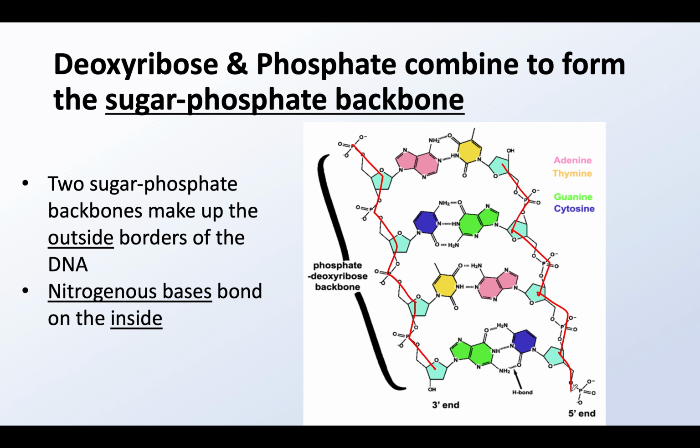And the sugar-phosphate backbone, it does act like a backbone in that it provides support and structure to our DNA molecule. It holds it all together. And then you can see that the nitrogen bases will then bond on the inside, again via their hydrogen bonds.